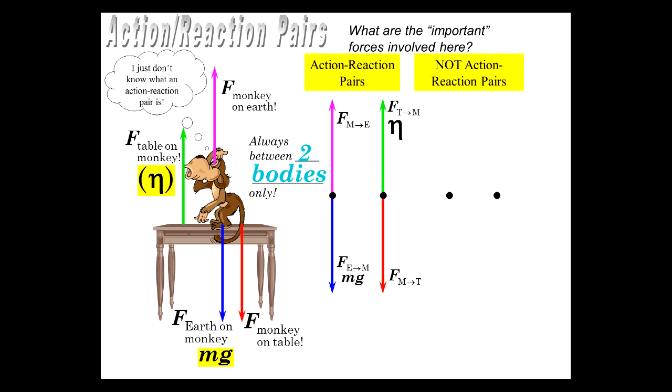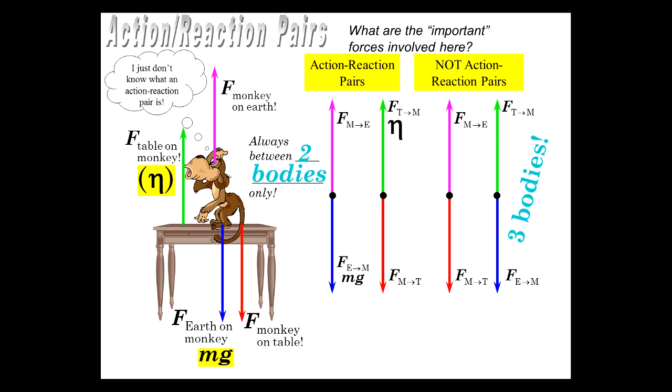Let's now distinguish that from non-action-reaction pairs, which we will call equal and opposite nevertheless. So first we have force of monkey on the table, and in the opposite direction of the same size we have force of monkey on earth. We also have force of earth on monkey. Equal and opposite to that we have force of table on monkey.